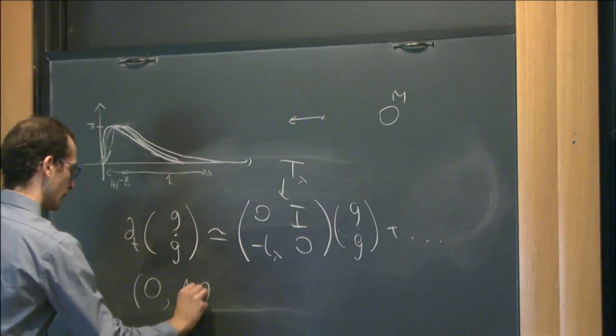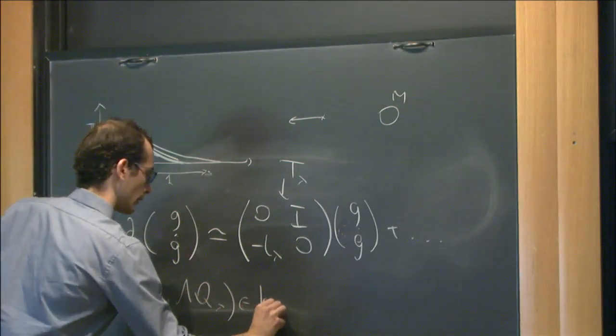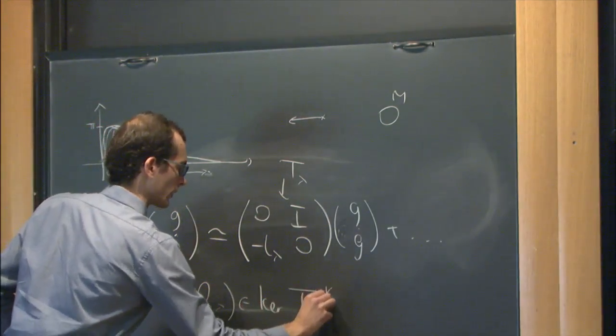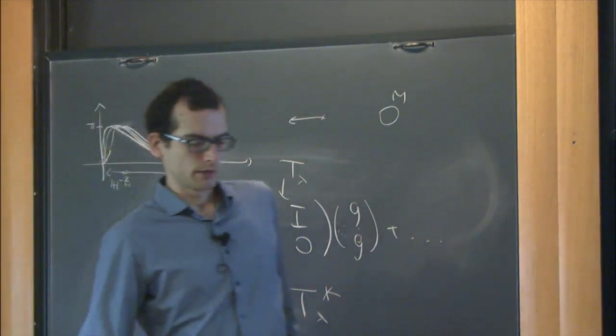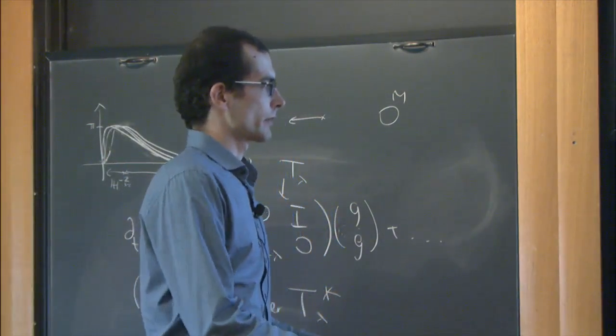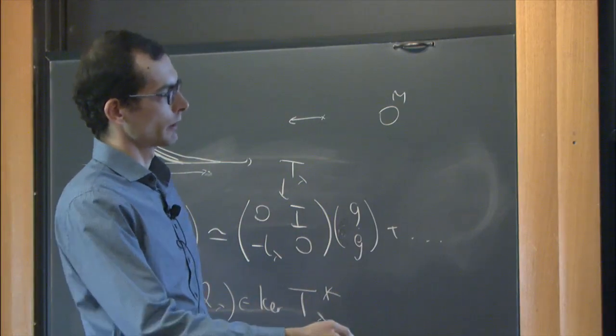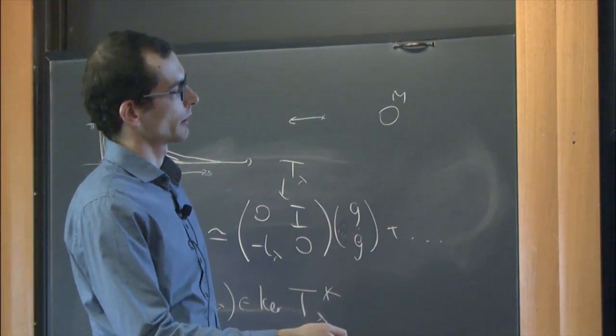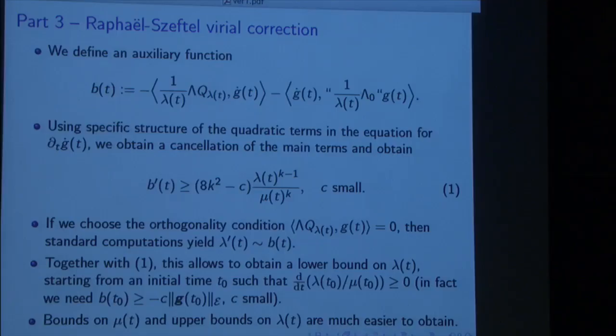Then (0, lambda q lambda) is in the kernel of the adjoint operator T lambda star. And if we take any equation, the structure will be exactly the same: there will be something in the kernel of the adjoint operator.